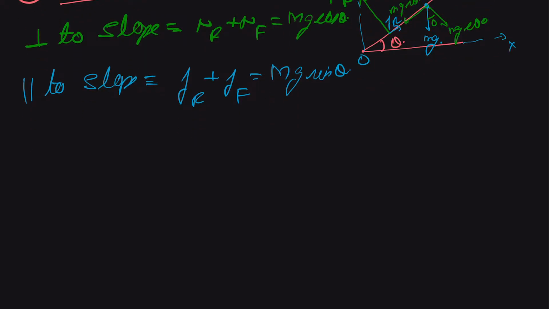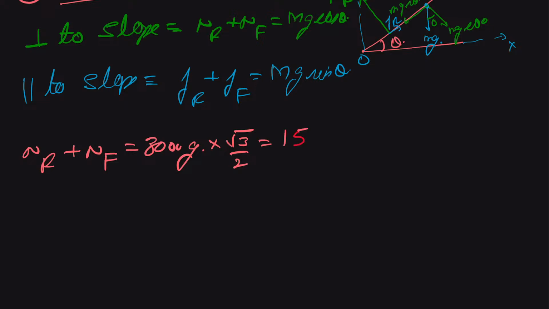So NR plus NF, mass is given to us as 3000. So this comes as 3000 times g, and cos of theta will be equal to square root of 3 divided by 2, which comes as 1500 g square root of 3.